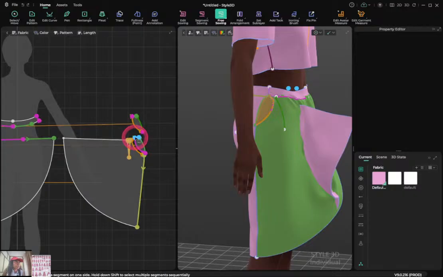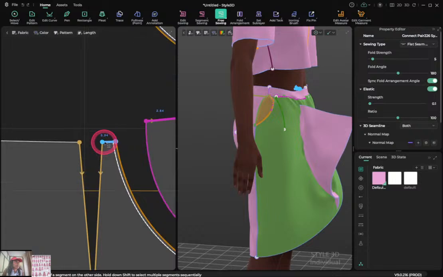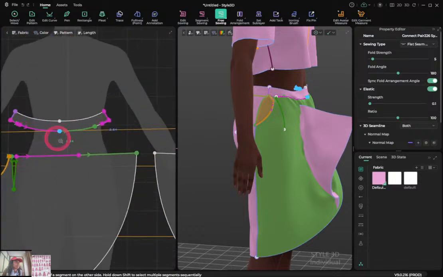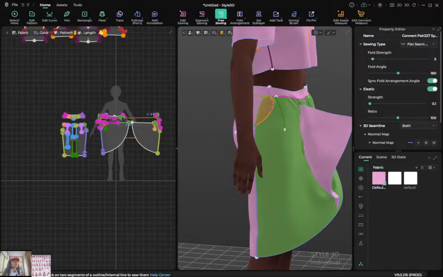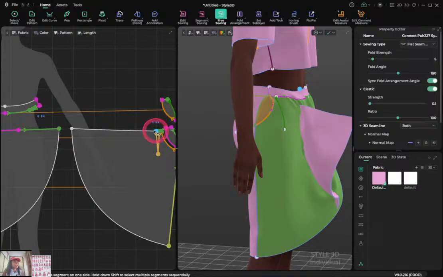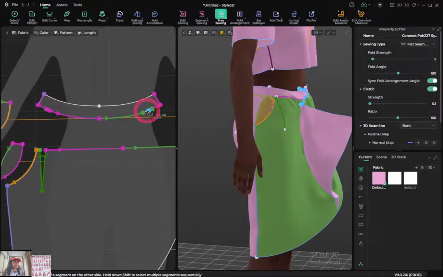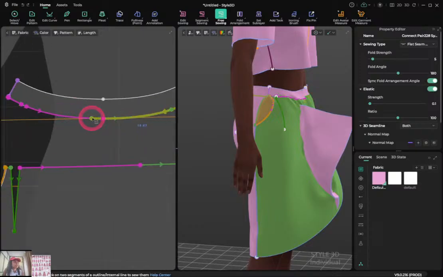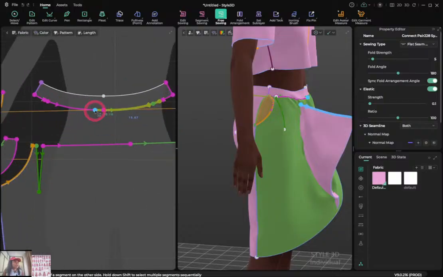So from here to here, from here to there, and then from here to there. I'm not letting these beginning parts have any pleats, and from there to there. Now here's the catch, from here to here, I'll make it stay here, and then the rest of it from here till the end, and then from here till the end.